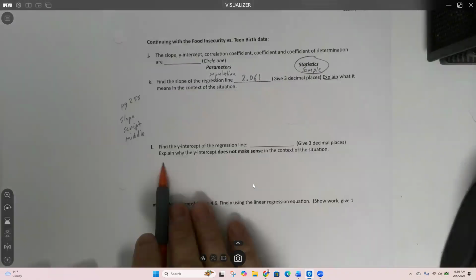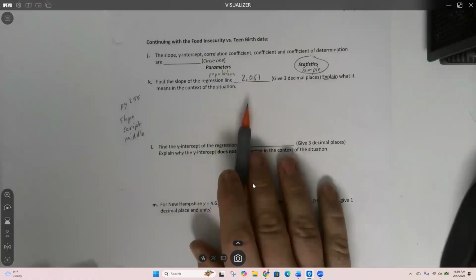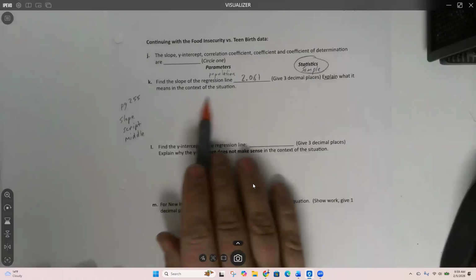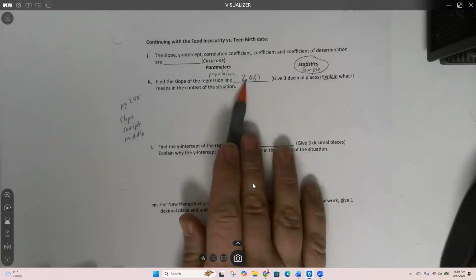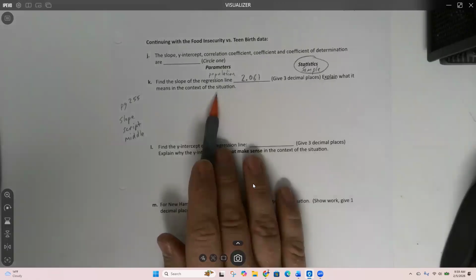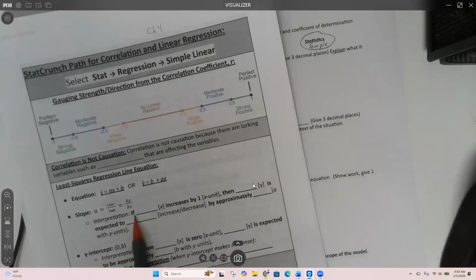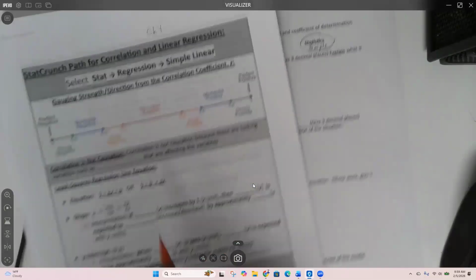I'm actually going to write this one out. Let's do this one together. Find the slope of the regression line. It's 2.061 and explain what it means in the context of the situation. So using this script, we write if, and then you write out what x is.